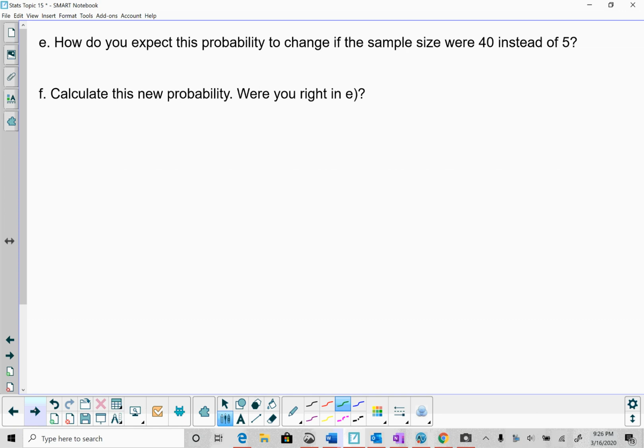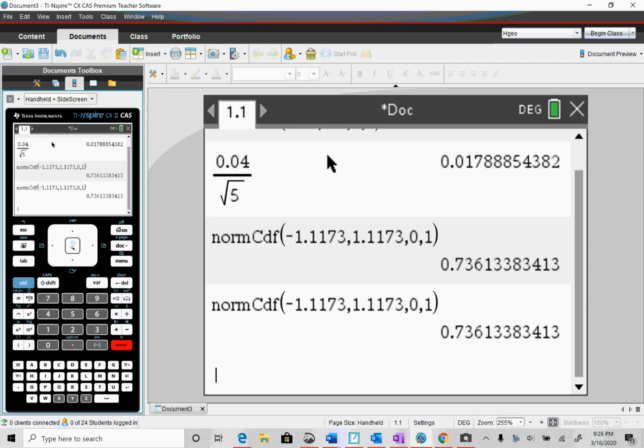Okay, let's figure out if you're right. First thing we need to do here is, once again, recalculate our sample standard deviation. They told us before the population standard deviation 0.04. We're now going to divide by square root of 40.